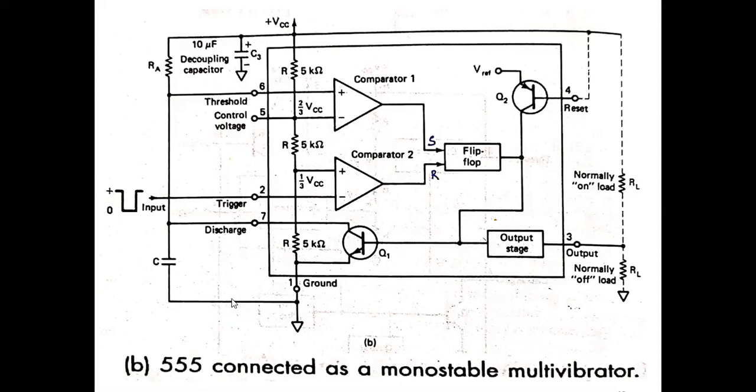Now, as soon as you apply a negative trigger pulse to pin number 2, transistor Q1 is turned off.